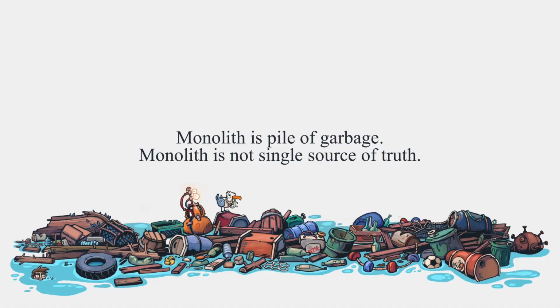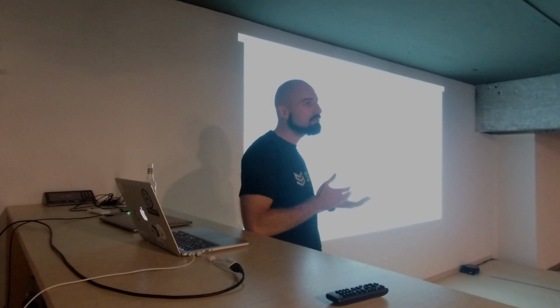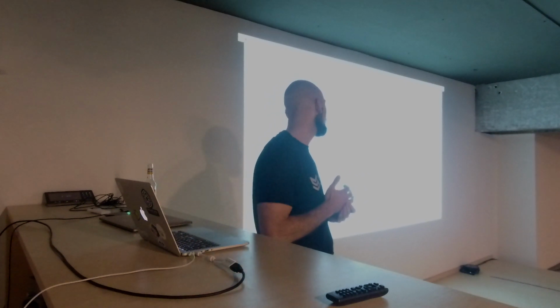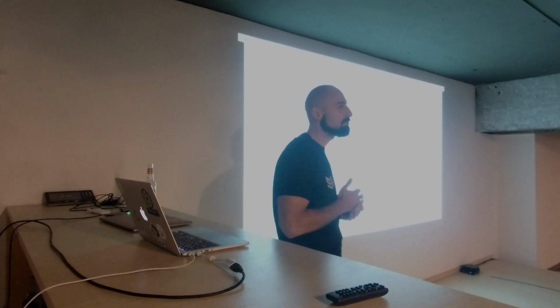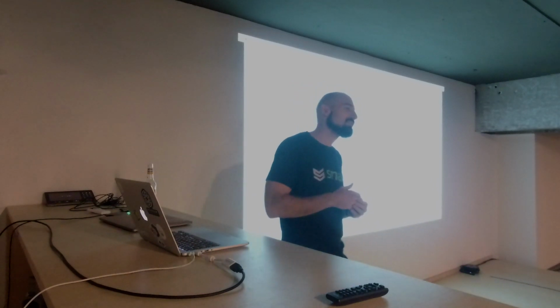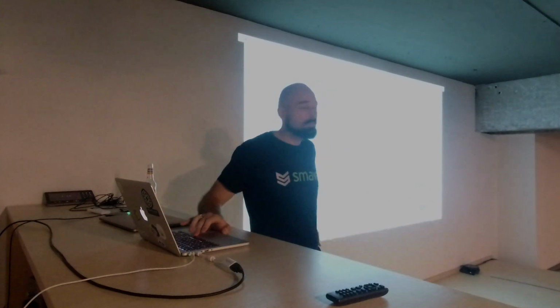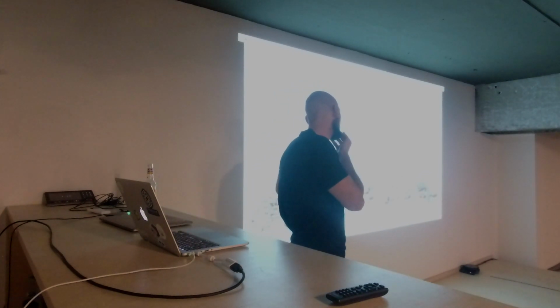So the whole point of the monolith is that it's not a single source of truth. In programming you have this concept of a single source of truth, and it's quite good, but not if there is so much truth, like millions of truths actually. Basically, a monolith is just a pile of garbage most of the time.